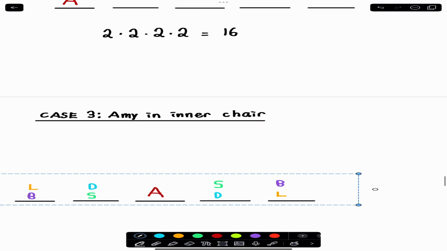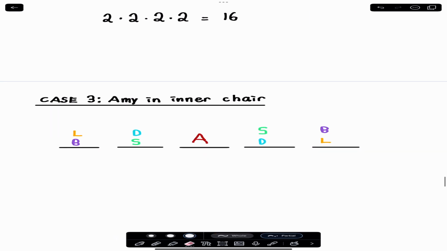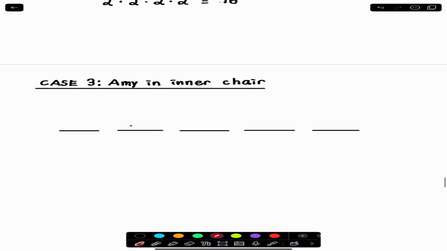So I believe I still pasted this. Excellent. This means now this time Amy is somewhere over here. But again, it could be here as well. So basically, she has 2 choices for the inner chair.